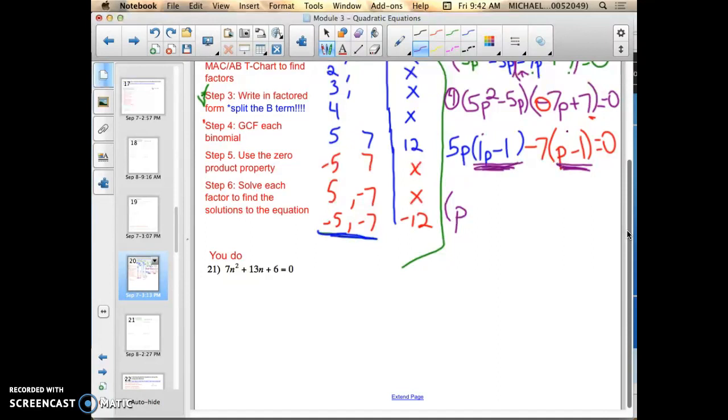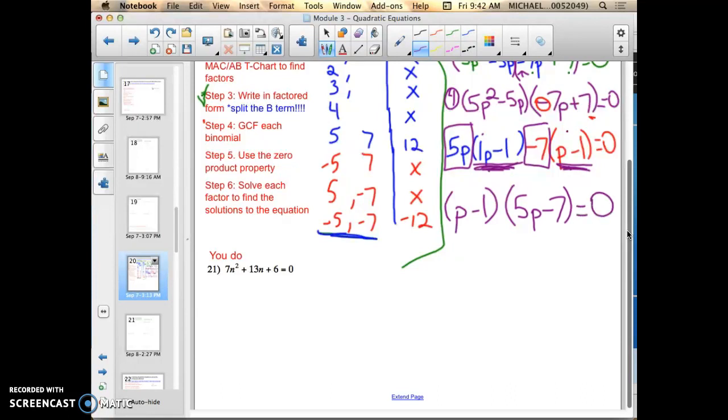So what I'm really doing is grouping these two together, and they become 1, p minus 1, in one parenthesis, and then I write the remaining pieces that aren't together yet in their own parenthesis as well. Technically, I'm pulling out the GCF p minus 1, and what remains when I divide each term is 5p minus 7 in this case. And that equals 0.